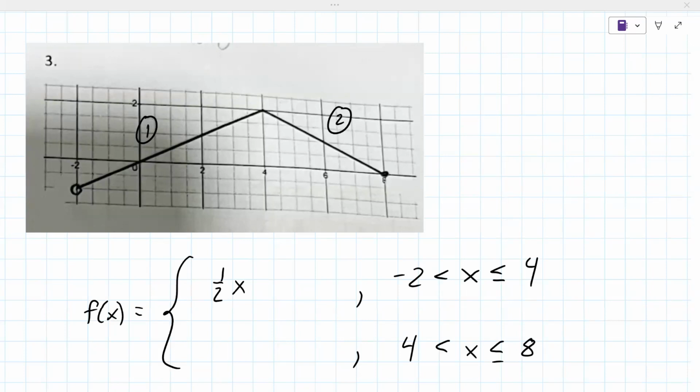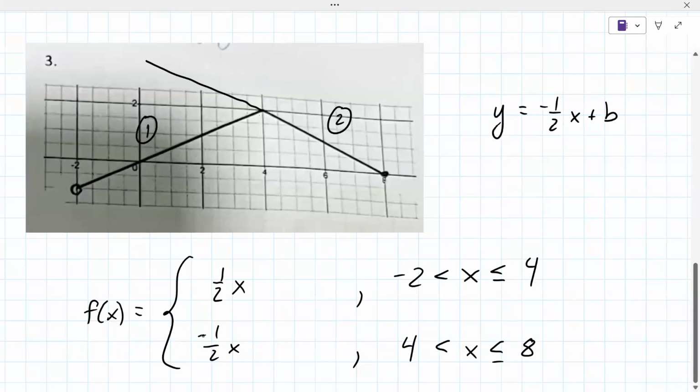It's -1/2 x. Now if you could extend the line, maybe you could see where it hits, but you can't. So in that case, you have to use one of the points. So let's use this 8 comma 0 to solve for b.